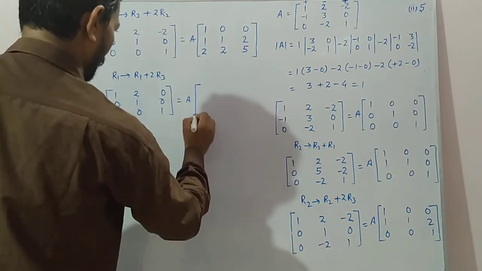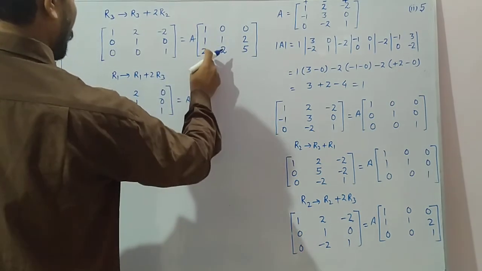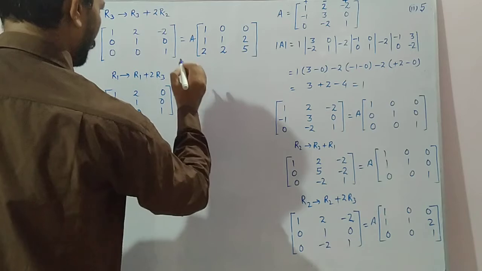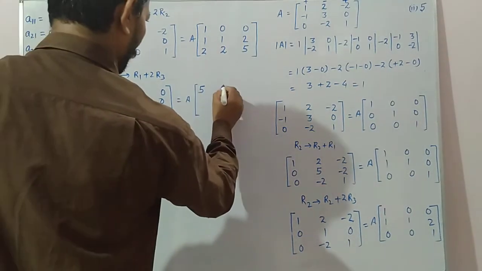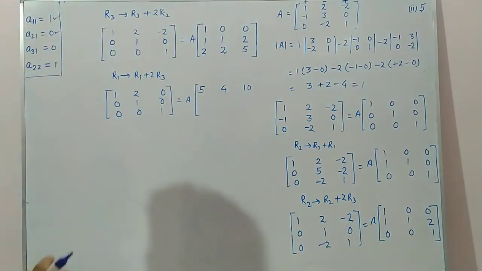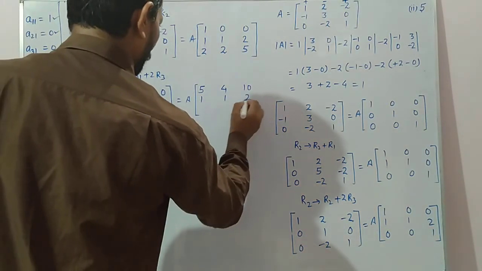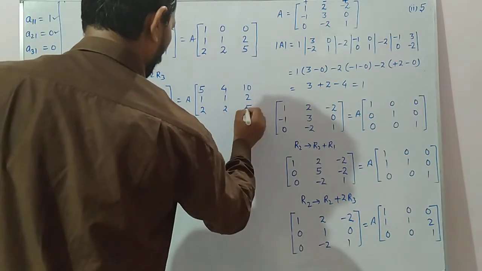On the right, 1 plus 2 into 2 is 5, and 0 plus 2 into 5 is 10. Remaining is as it is: 1 1 2, 2 2 5.